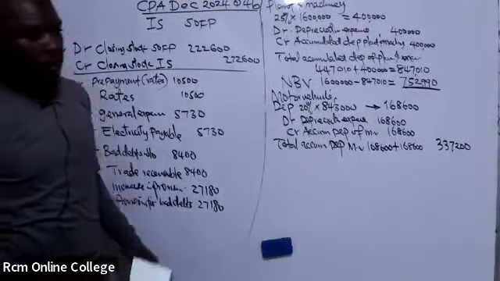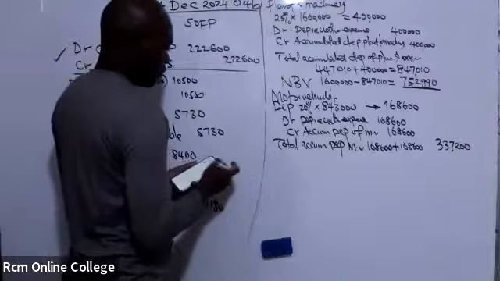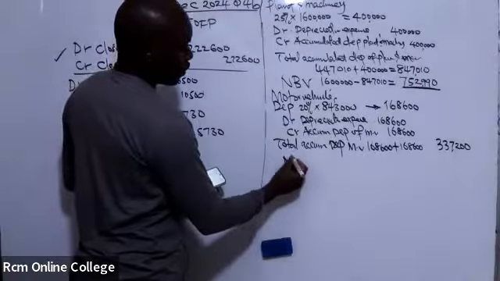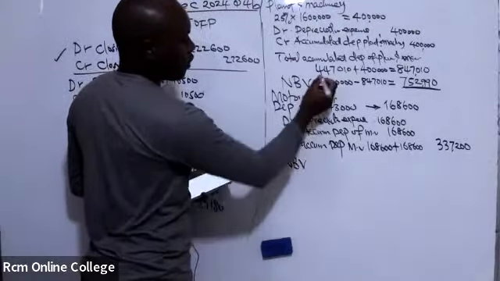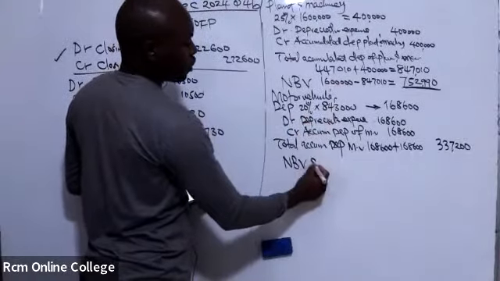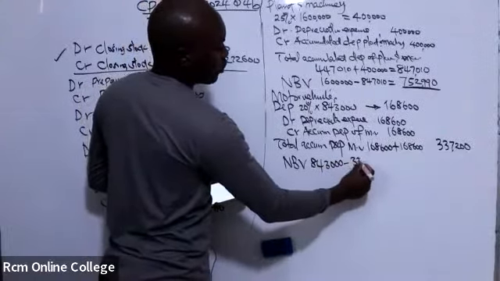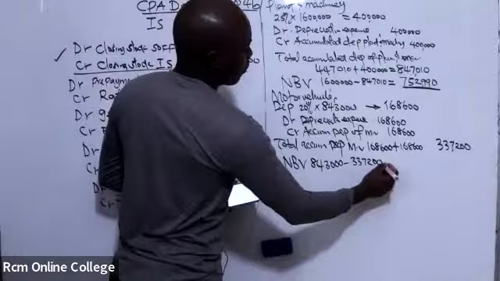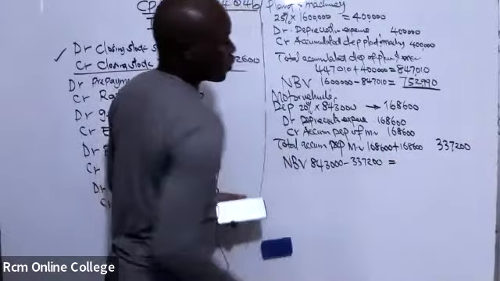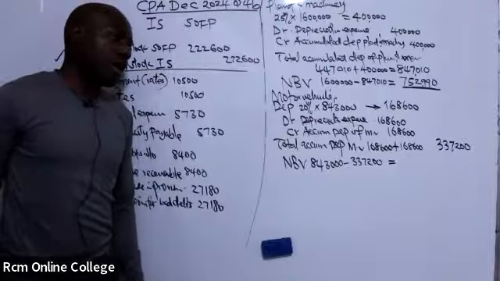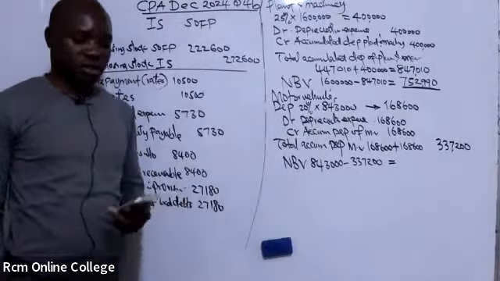337,200. Good. Now, can we get net book value? The net book value of our motor vehicle is the cost, 843,000 minus 337,200. This net book value is what will be carried to the statement of financial position under non-current assets.